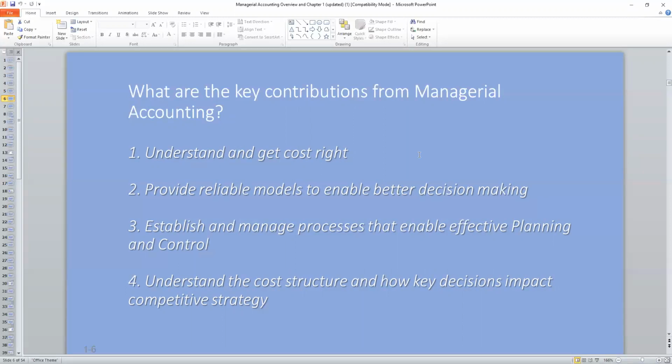So, if you think about any organization, whether it be a healthcare facility, a pharmaceutical company, a nonprofit organization like MCPHS, they make key decisions all the time. And so part of what the management accountant has to help the organization decide is that when they make key strategic decisions, what's the impact going to be on the cost structure? Because that's going to impact their ability to make profit or make a loss and their pricing decisions and so forth.